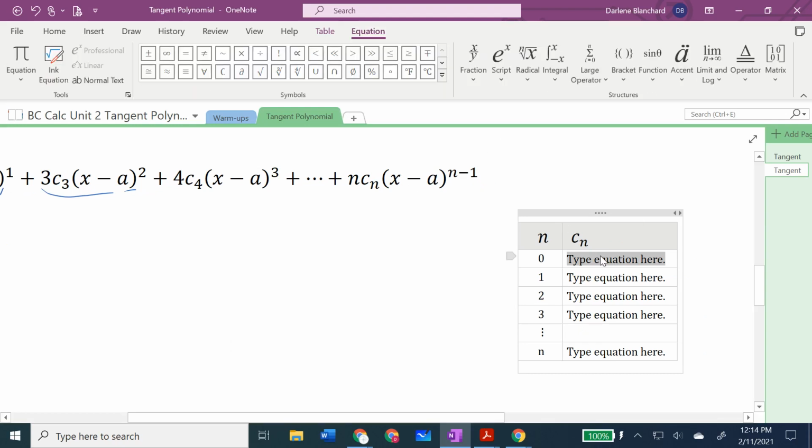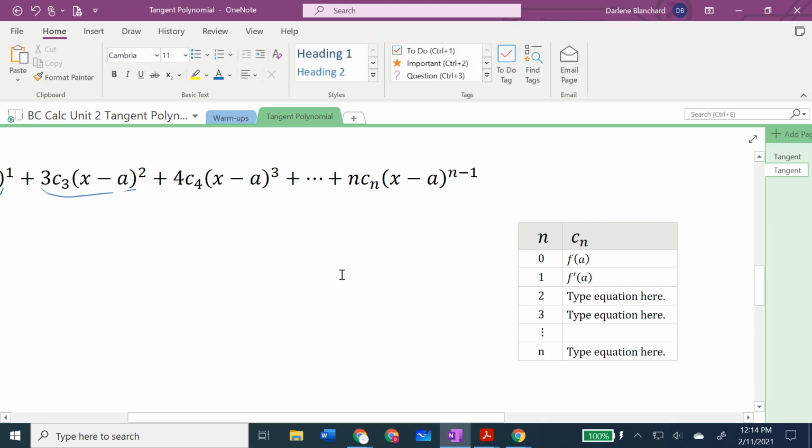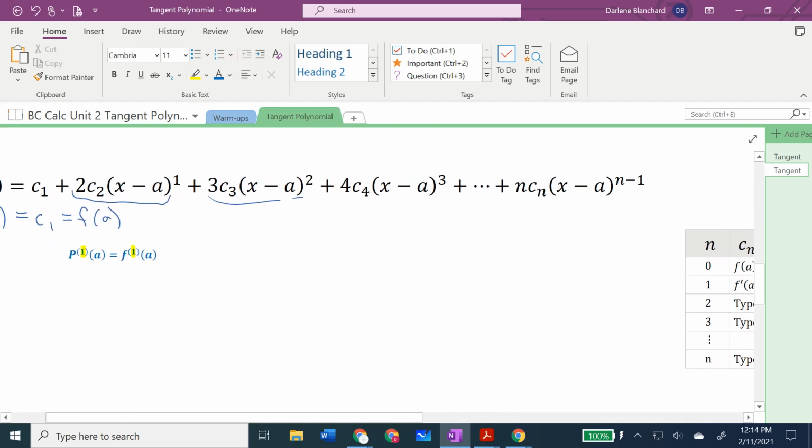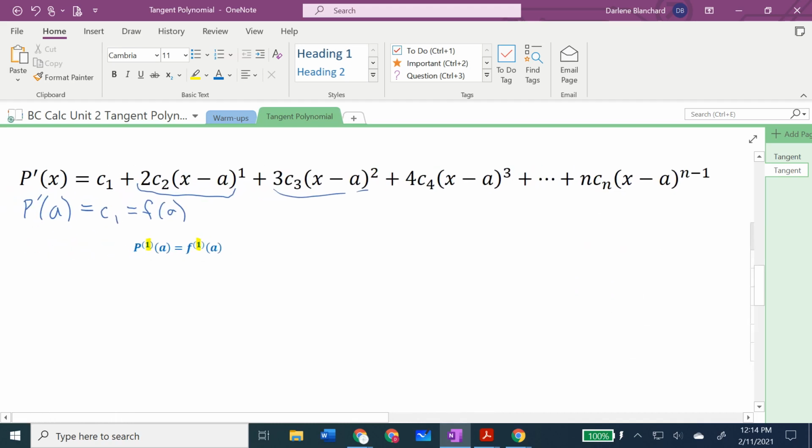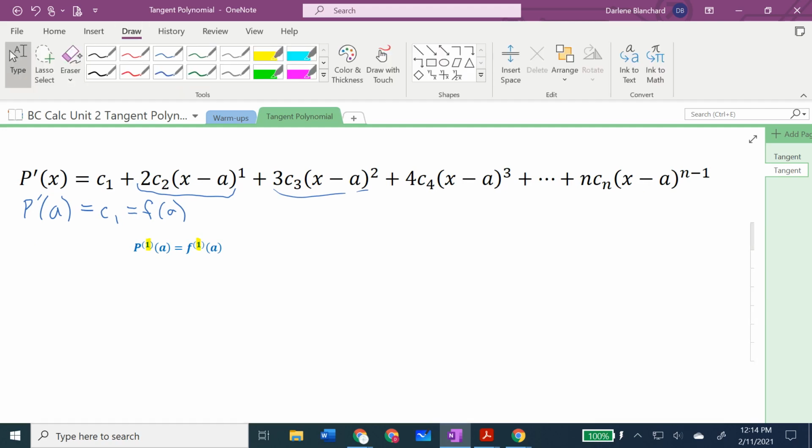We found that when n is 0, we have f of a. Here we have f prime of a. And I'm going to be moving this table to our next round. But first, our next step is to take the derivative again.